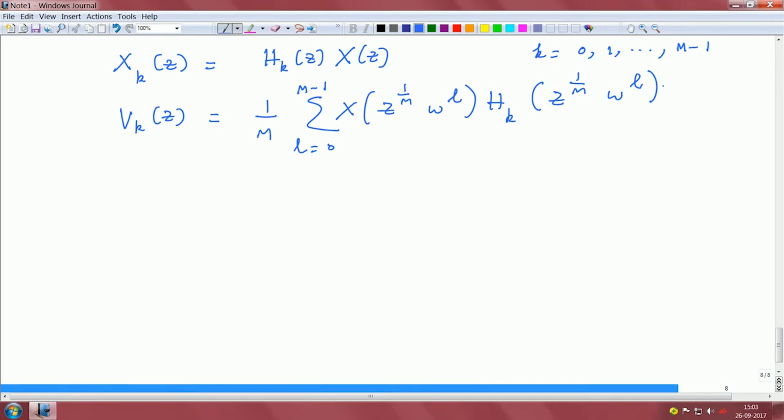And I have conveniently ignored the subscript m here in omega, and this is basically e power minus j 2 pi upon m.